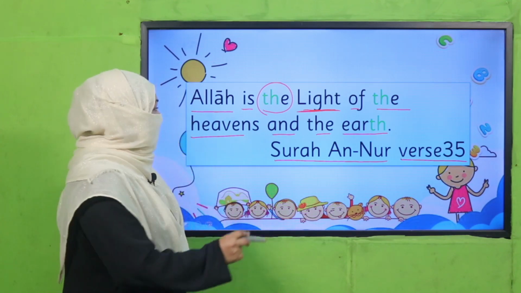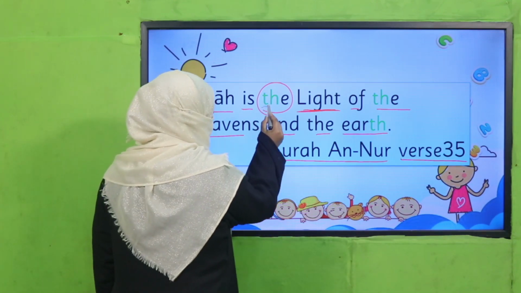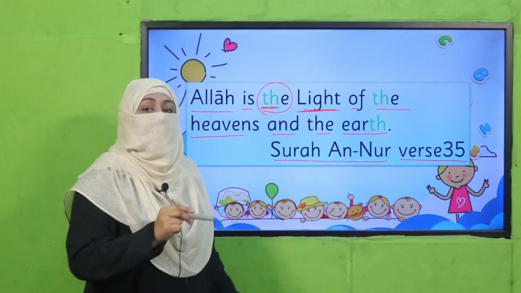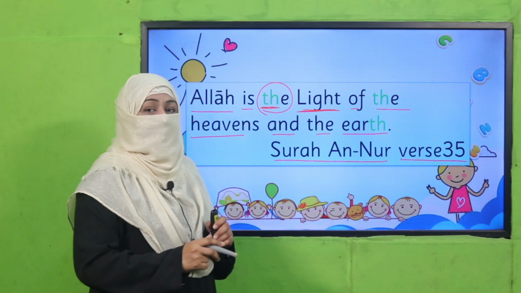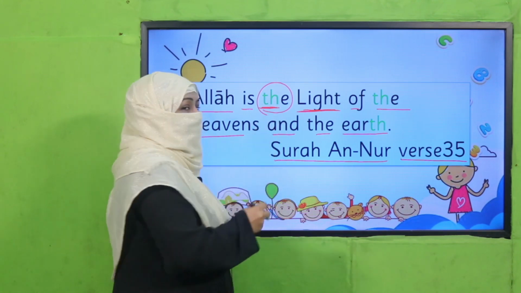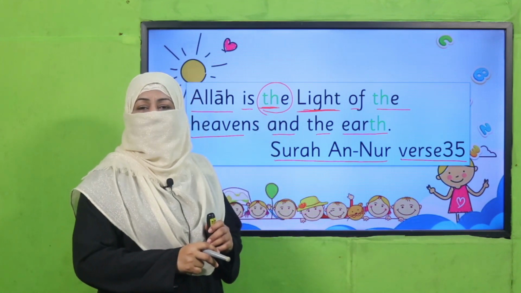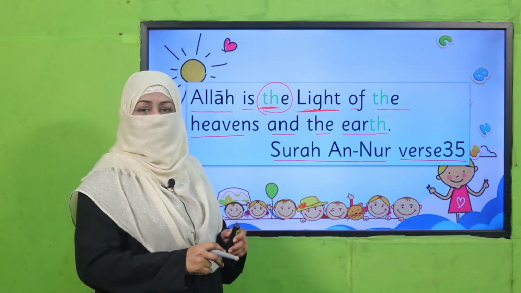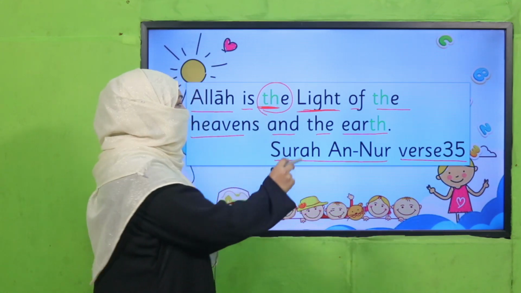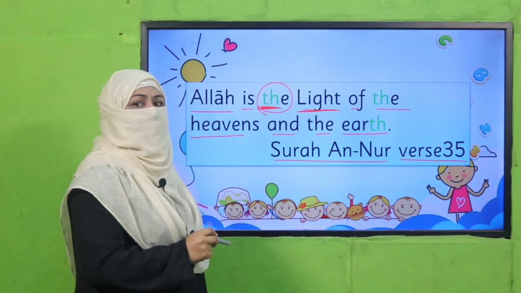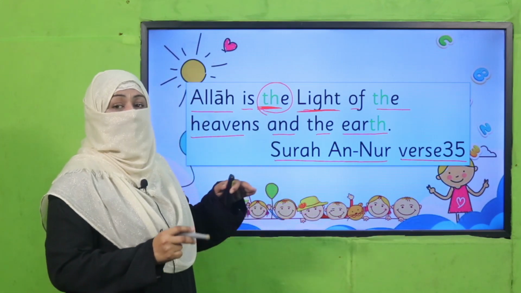Subhanallah. Now, my dear students, look at these letters. TH. We have learned about the sounds of letters, right? And we know the sound of T is T and the sound of H is H. But together, their sound is different. When we read this word, how do we read it? The. Now, their sound is different.